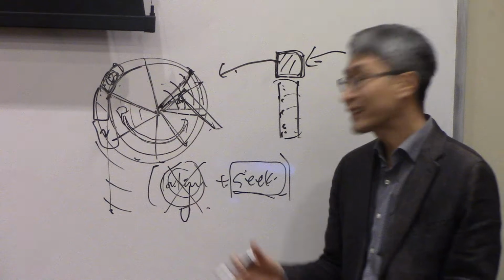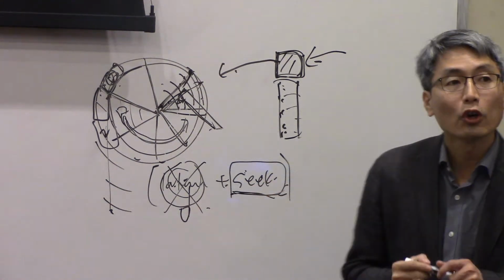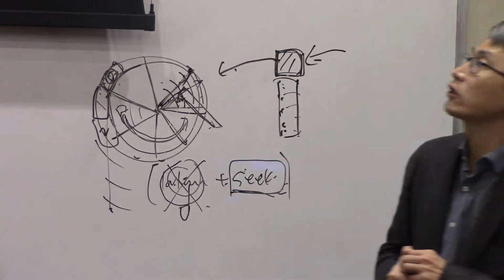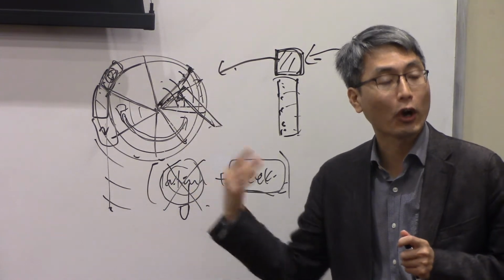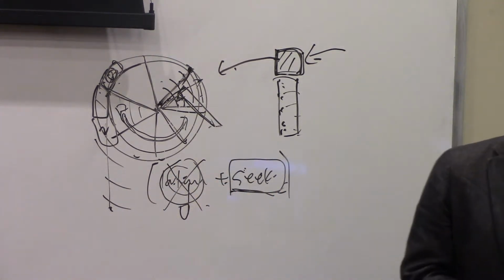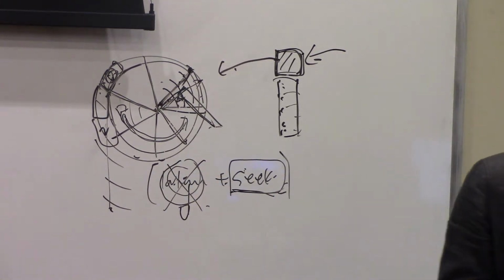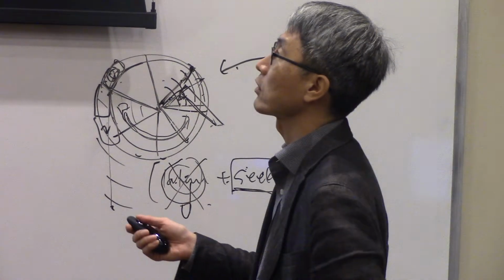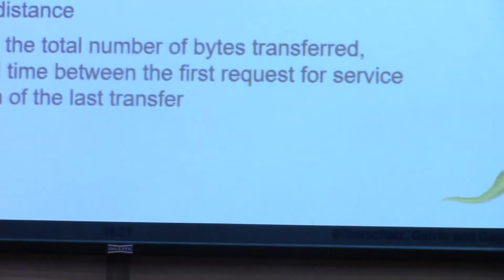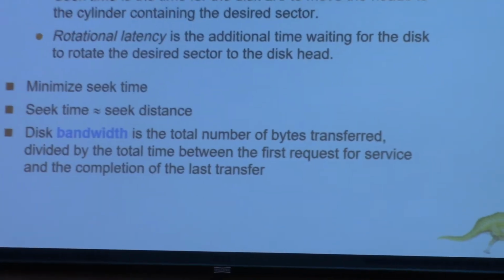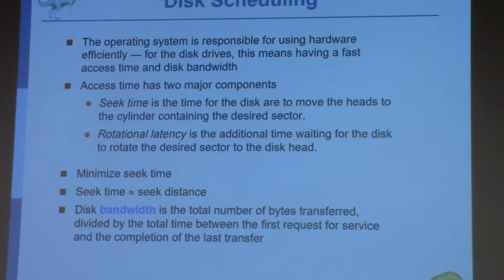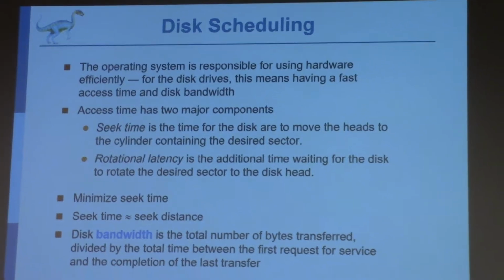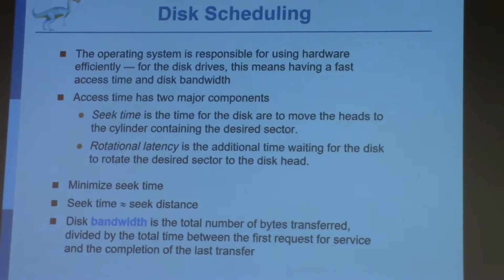So our goal is to minimize the seek time. We will see quickly. It's not very complicated. It's very straightforward to design the disk scheduling algorithm. So our goal in disk scheduling is to minimize the seek time. We ignore the rotational latency, because compared to the seek time, it is very low.